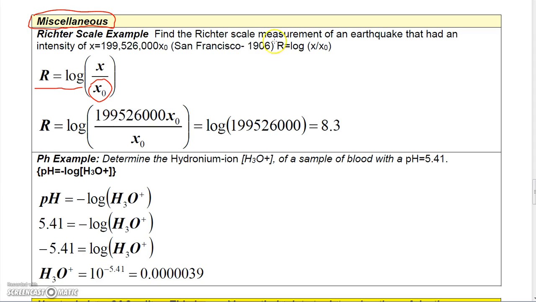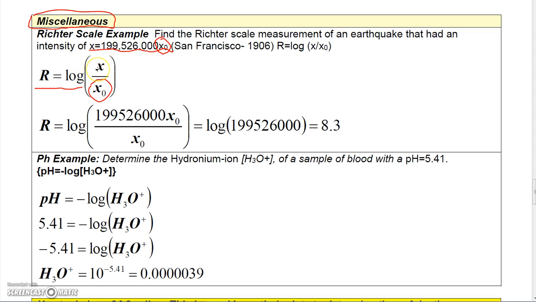So for instance, here, an earthquake that had an intensity of 199,526,000 times that particular x naught earthquake is what they defined as the San Francisco 1906 earthquake.